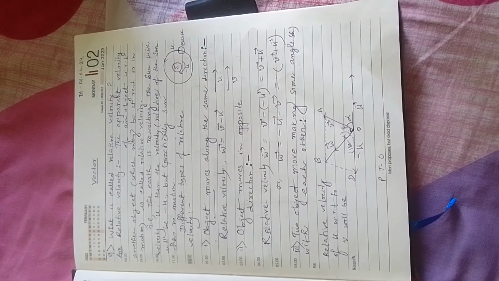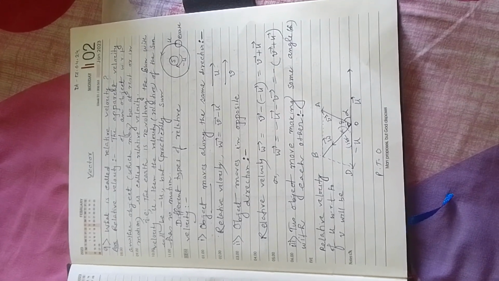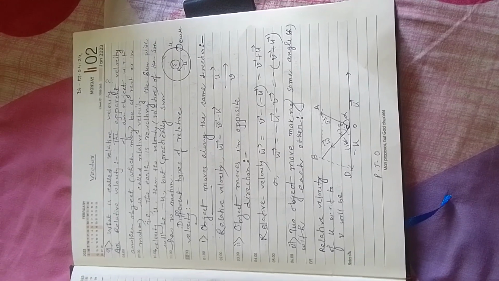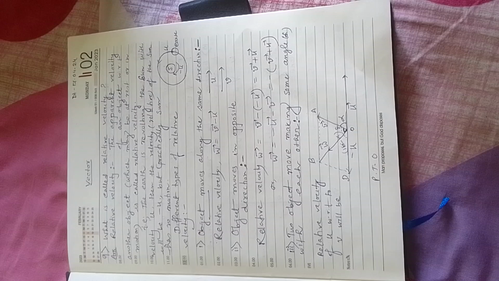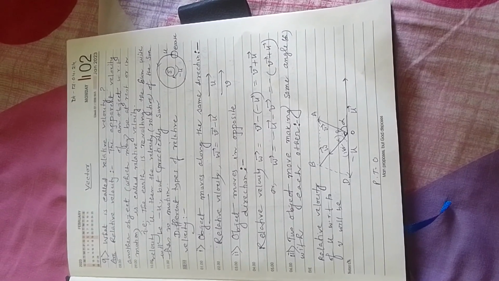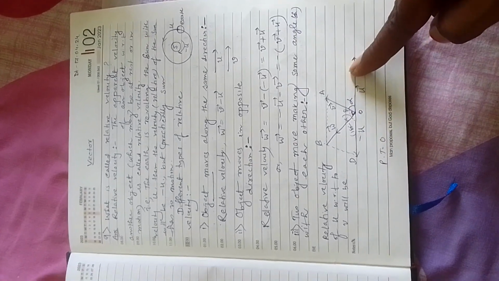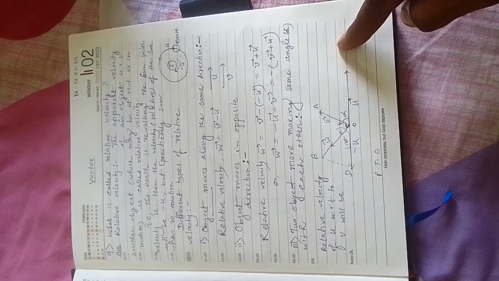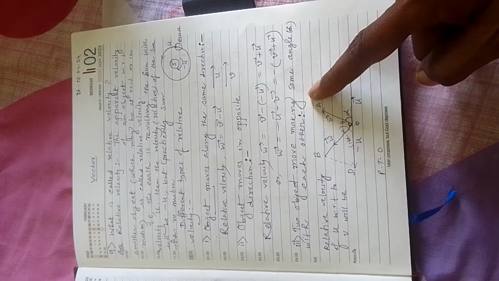But if one of the objects makes an angle with another object and is in motion, then what will be the relative velocity? The given figure shows the relative velocity for this case. u is the velocity of an object, v is the velocity of another object.